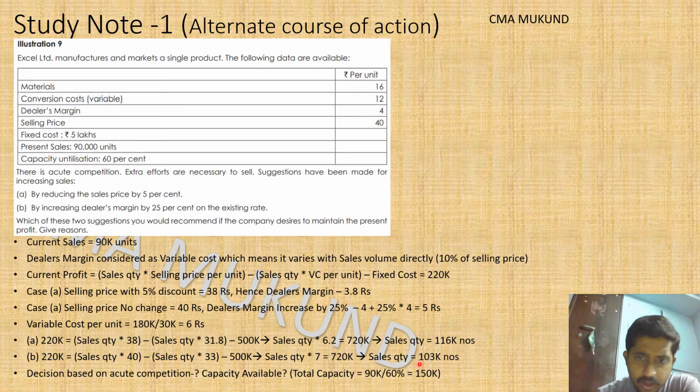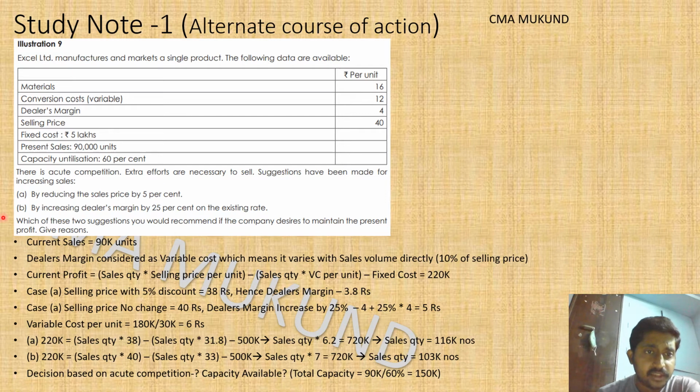So in case one you have to sell 116,000 to make a profit of 2.2 lakhs, or you can sell 103,000 or 1.03 lakhs to make a profit of 2.2 lakhs, which is the same profit. So which will you choose?